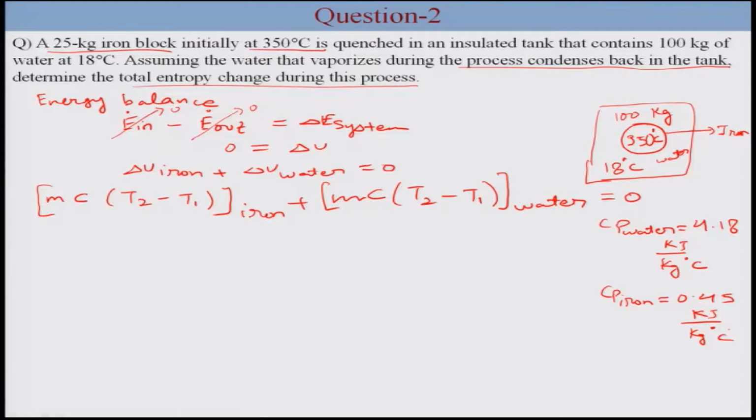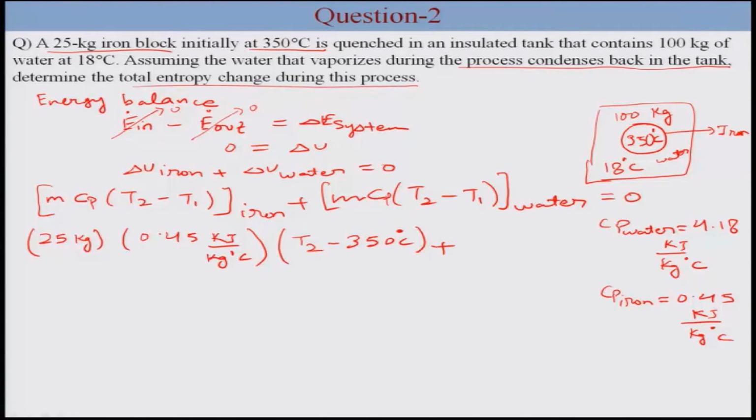So, putting all the values in this expression, mass of iron is 25 kg, Cp of iron is 0.45 kilojoule per kg degree Celsius, and T2 minus T1, so T2 is not known and T1 is 350 degrees Celsius.